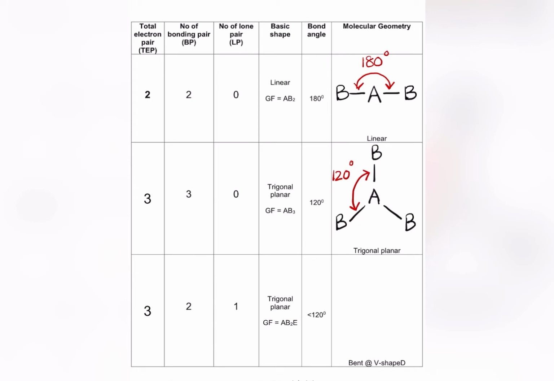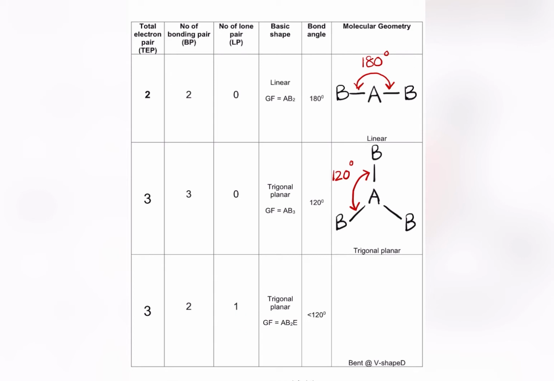Next one, we go to the next case. Masih lagi total electron pair adalah 3. But right now, your number of bonding pair berkurang sebanyak 1. So dia menjadi 2 bonding pairs dan satu lagi tu diganti sebagai lone pair. So what will happen when you have lone pair in the structure at the central atom?